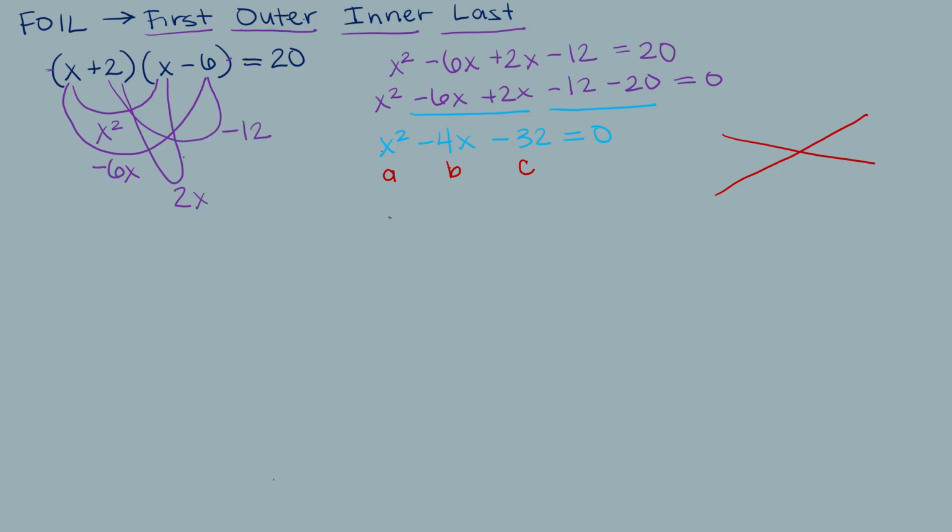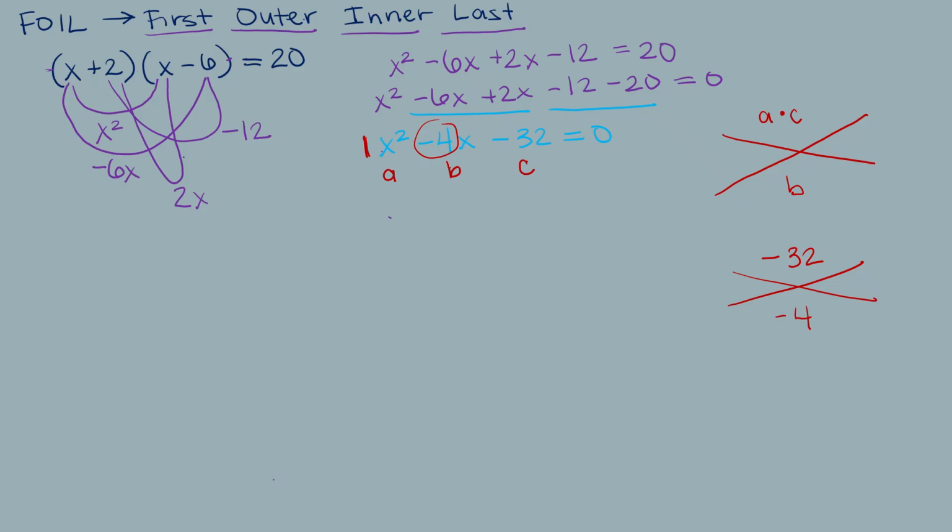In the diamond method, you're going to do A times C. You multiply those together, and then you're just going to have B in this bottom one. In this top one, it's going to be a number. So when we multiply A times C for the numbers that we have, we get negative 32 in our top box, and then we put in the B value, which is negative 4.